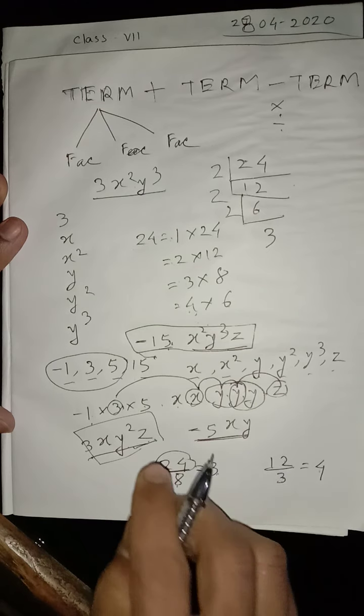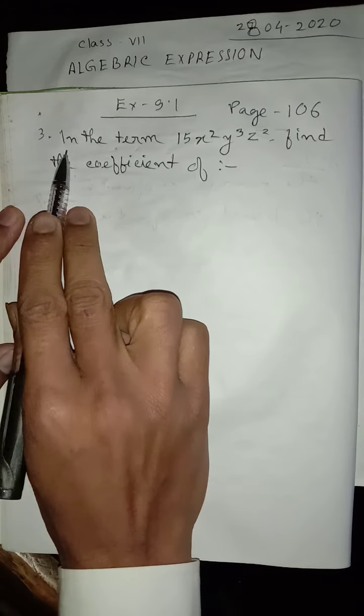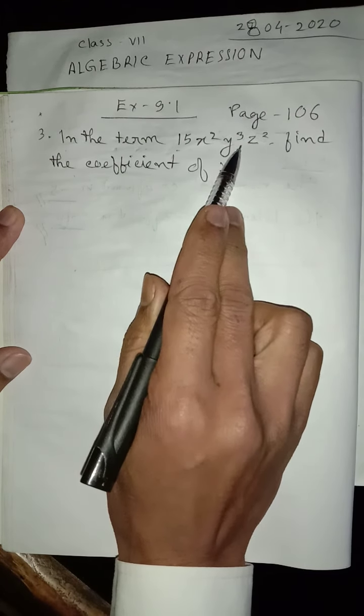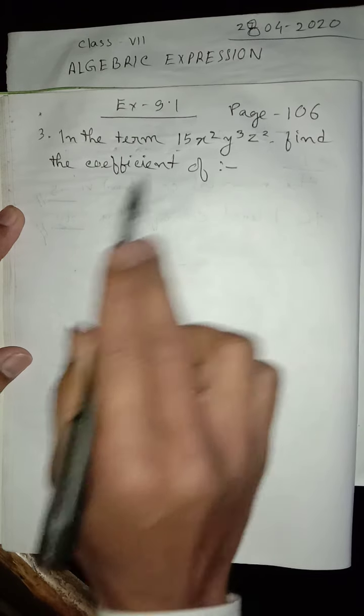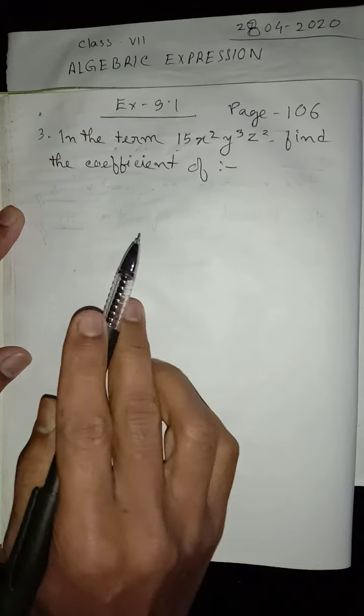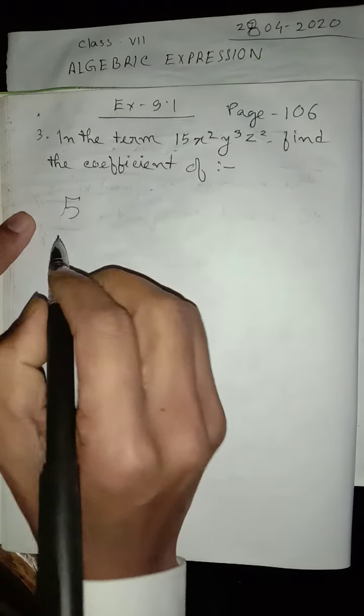With this knowledge, we are going to solve our question number 3 of exercise 9.1. In the term 15x square y cube z square, find the coefficient of maybe anything. Suppose the coefficient of 5. How to do it?